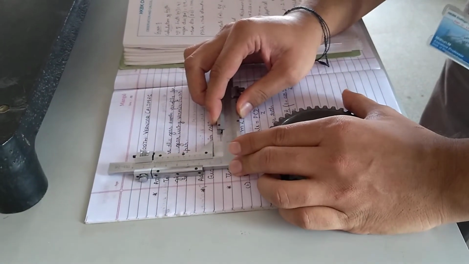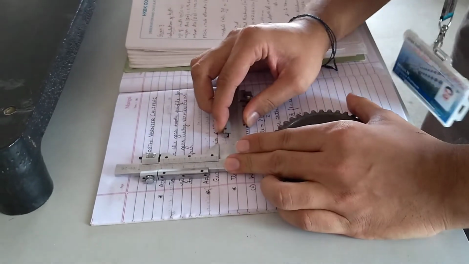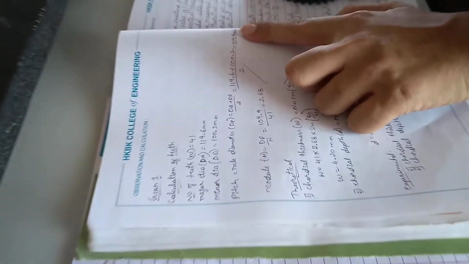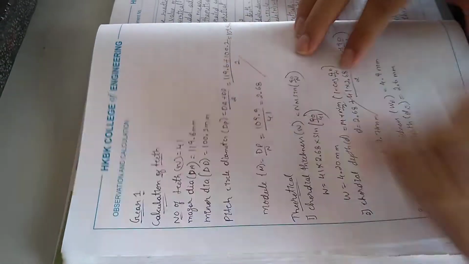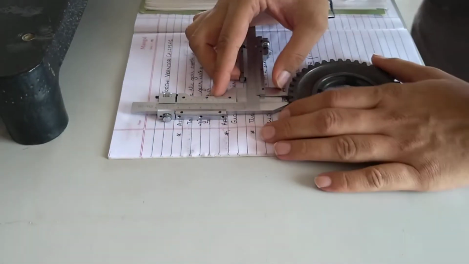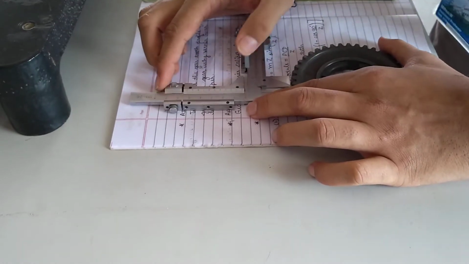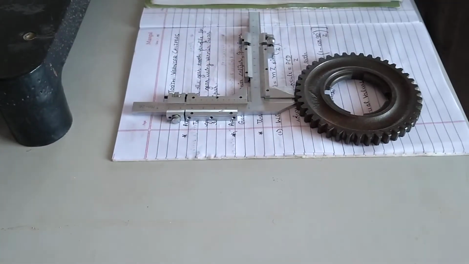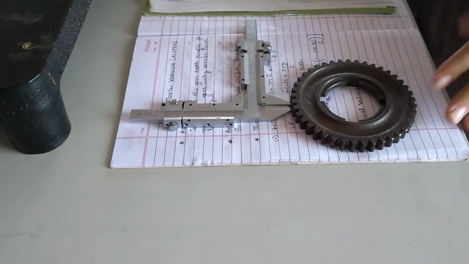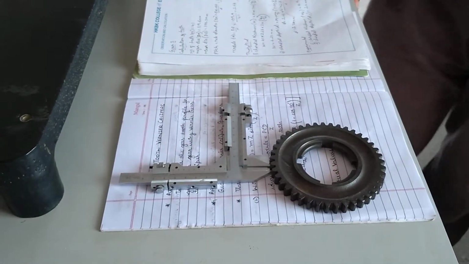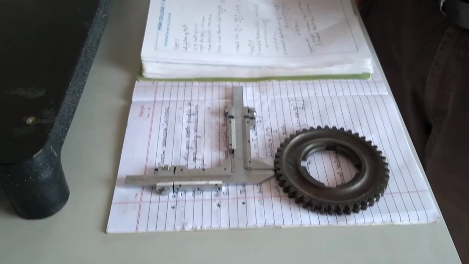First you have to set the depth. You have found out the pitch circle diameter, so make sure you have a marking exactly at the pitch circle diameter and that it is touching exactly at the pitch circle. Then you measure the depth. This is how you carry out the measurement using the gear tooth vernier caliper. Both theoretical and practical values should agree within specified limits.